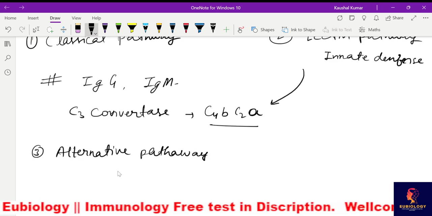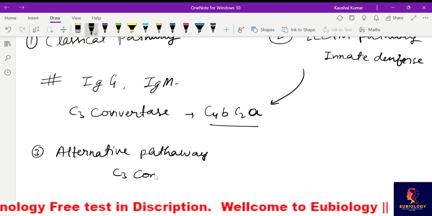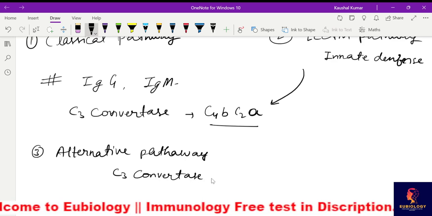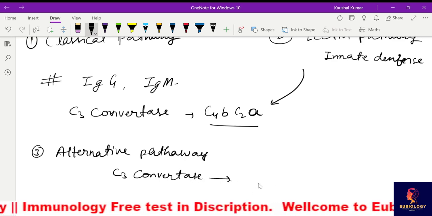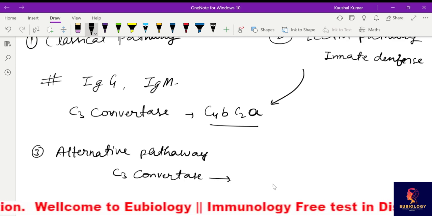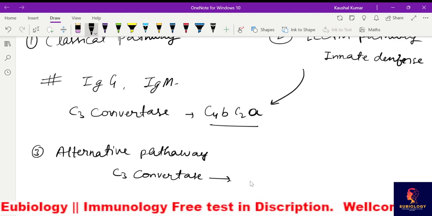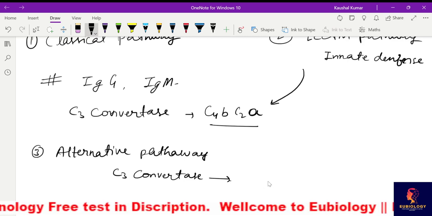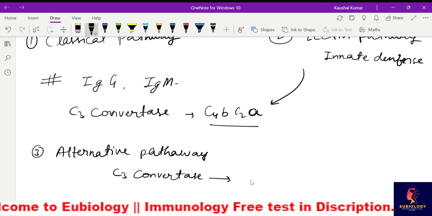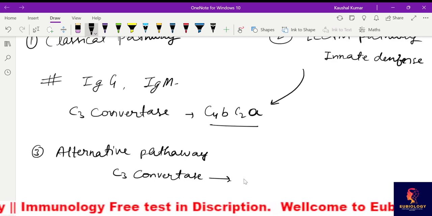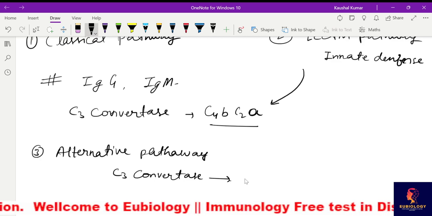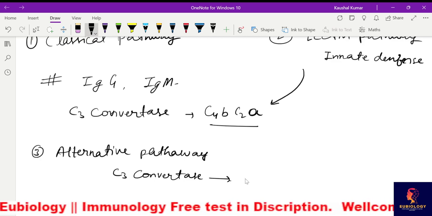What units does the C3 convertase actually have?